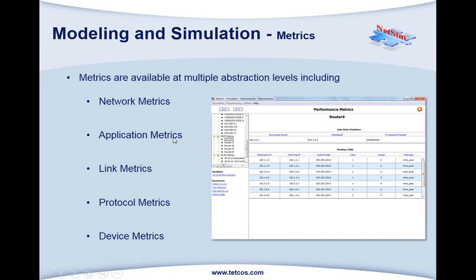Then application metrics, in which you will have your throughput, combined throughput. Then in link metrics we have details of links. Then in protocol metrics we'll have details of the protocol, which protocol you are using by default, or what protocol you have mentioned in the parameters. Then device metrics, you will have the details of the devices you are using and what kind of activities are going to happen in your devices. So it is common in both academic and standard version.